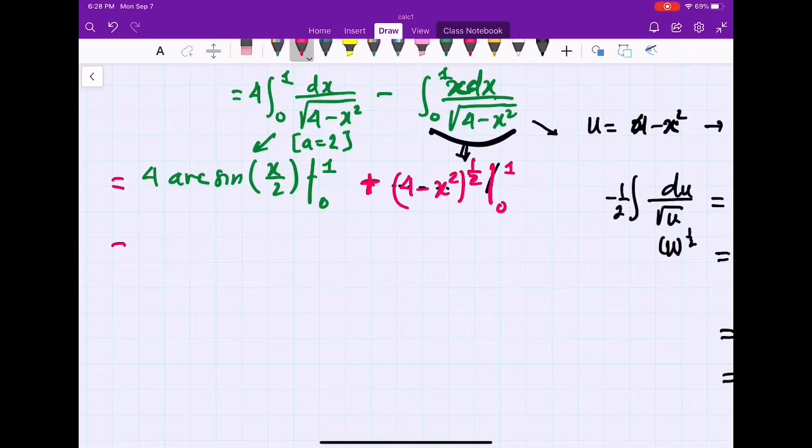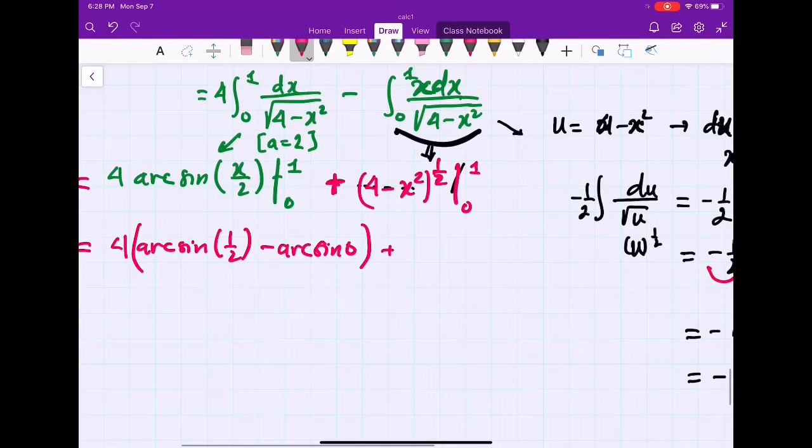The second one is square root of (4 minus 1 squared) minus square root of (4 minus 0 squared). So basically this is square root of 3 minus 2, right?